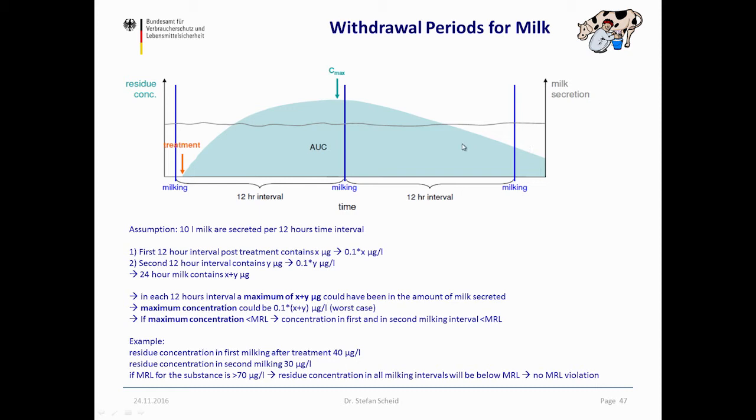And actually, in this case, it might happen that a farmer collects milk in this interval, maybe, between the peak. And then you might have a situation in this case that the treatment, the two 12-hour milks contain less residues than the milk that would be collected in 12 hours between in this interval, maybe.